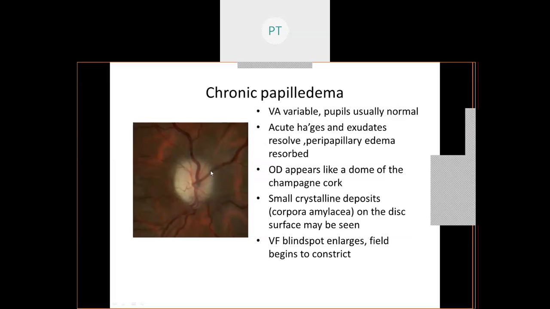Now the optic disc appears like a dome of a champagne cork, and you can get small crystalline deposits, also known as corpora amylacea, on the disc surface. When you do a visual field test, the blind spot enlarges and the field begins to constrict.